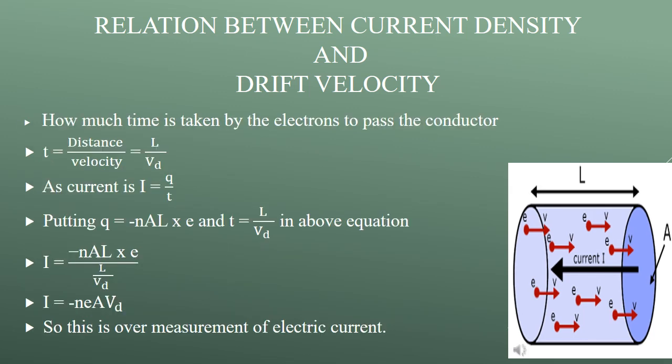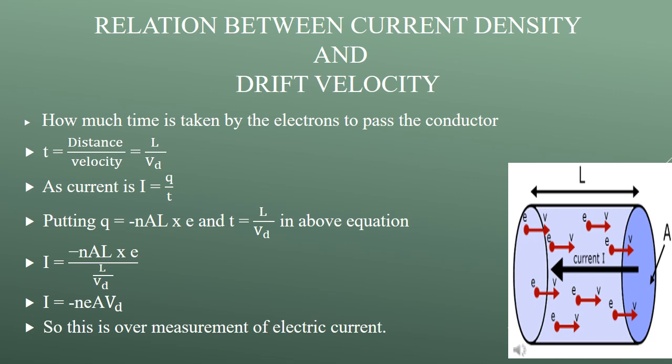Once we know this charge, we come to the second thing. If all the charges have passed through this cross section, how much time has it taken? The answer is the time taken by the last electron to pass this cross section, since all the electrons are before that electron.